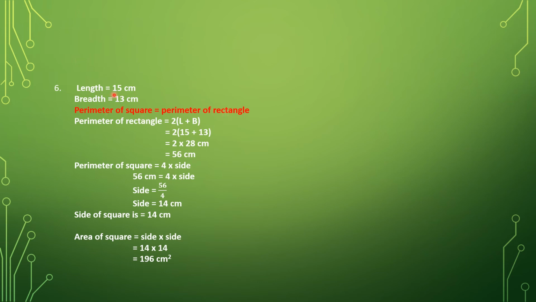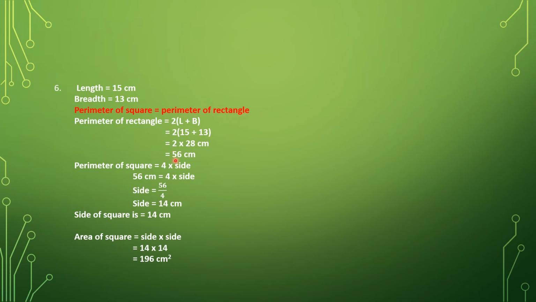By using this length and breadth of the rectangle, first we will find the perimeter of the rectangle. Perimeter of rectangle we know is 2 into (L plus B). So we will solve this one and you will get the perimeter of the rectangle. But according to the question, the perimeter of the square is equal to the perimeter of the rectangle.